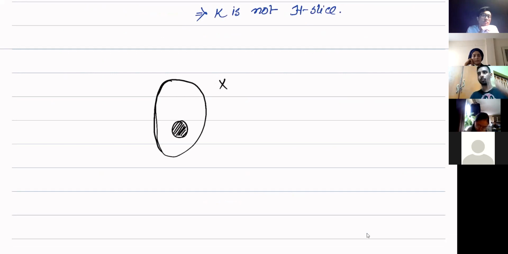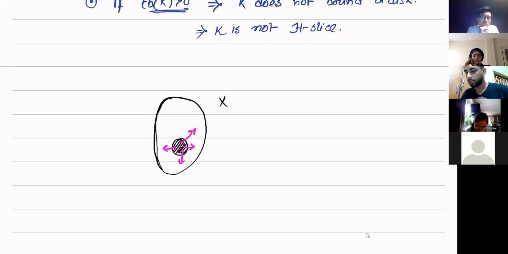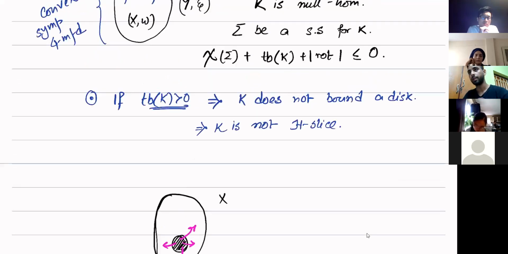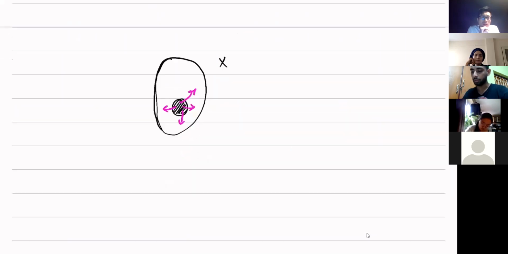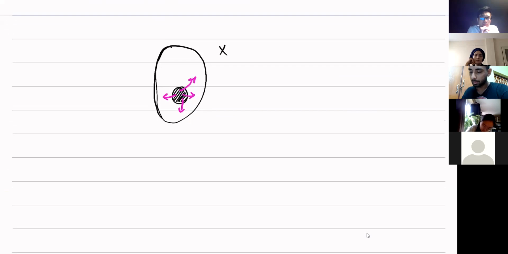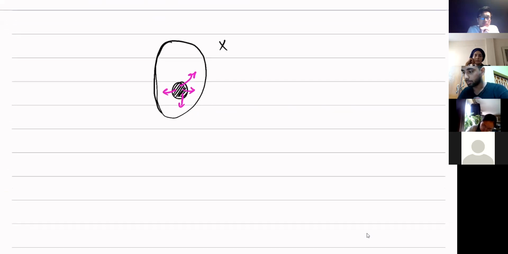Since we are taking out a 4-ball, if we try to see the Liouville vector field flow line, it starts pointing inward. Notice that in the above result, the Liouville vector field is flowing outward with respect to the normal, but now we have this situation. If we redraw this picture as before, this is the manifold X, and the Liouville vector field is now flowing inward.